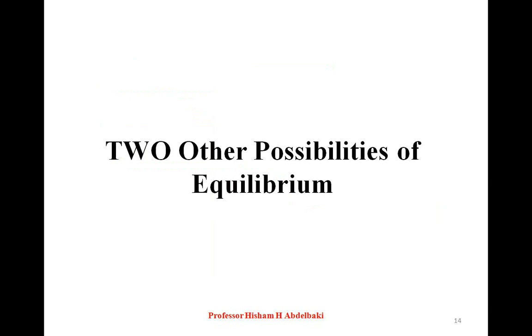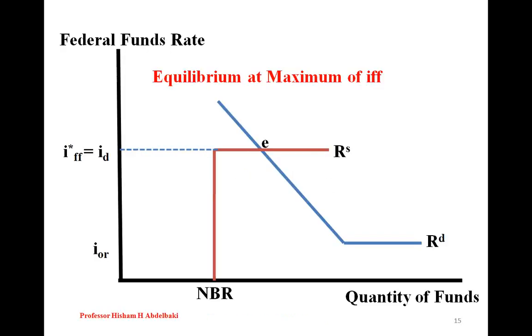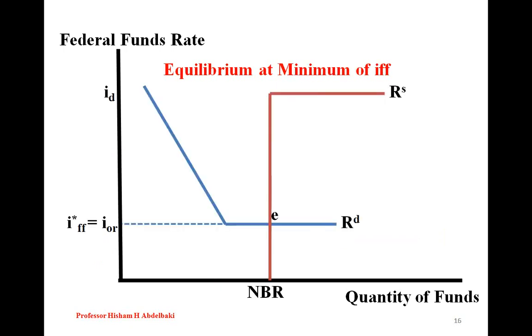This is one possibility of equilibrium. Another two possibilities of equilibria: one is when demand and supply intersect at the highest level of FF, when FF equals the discount rate. This is one of the three equilibria we can reach. The third one is when demand for reserves and supply of reserves intersect at the lowest level of FF, when FF equals IOR, interest on reserves.